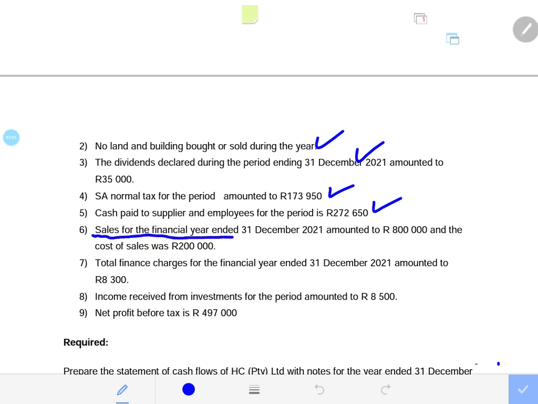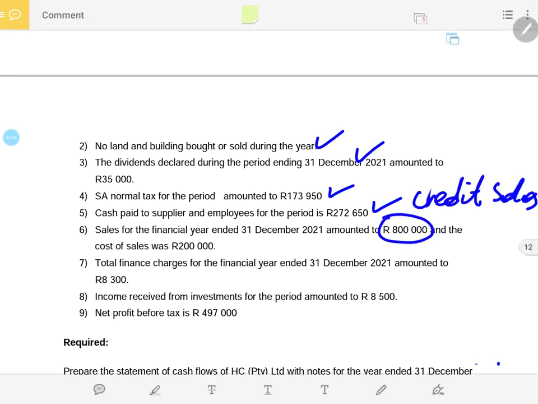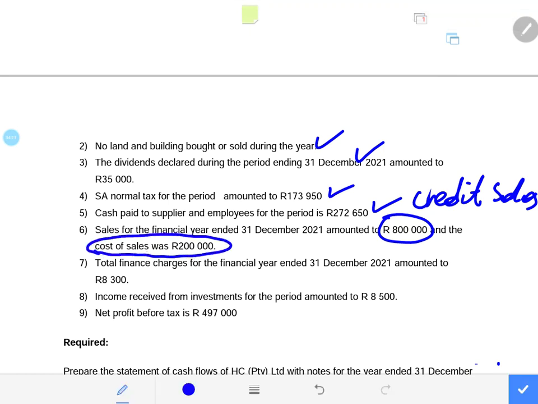Sales for the financial year end 31st December amounted to 800,000 rands. I did mention previously, also emphasizing it, all your sales that appear here are credit sales. We are also given cost of sales, but cost of sales here is not that important for us to use in any calculation.